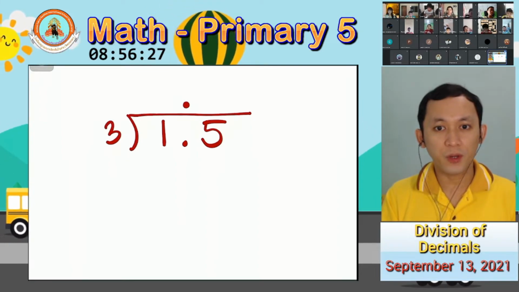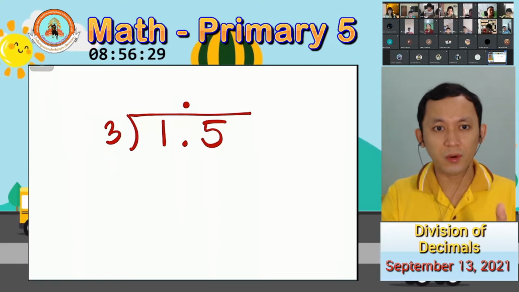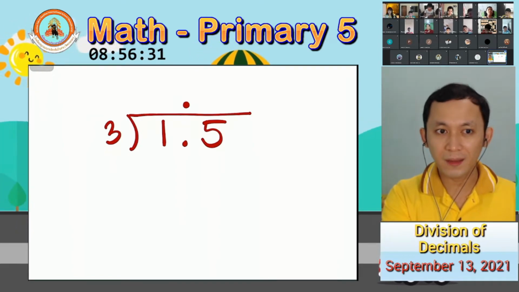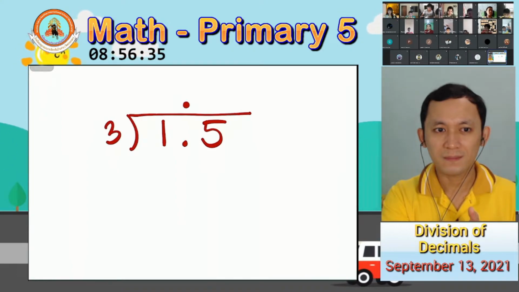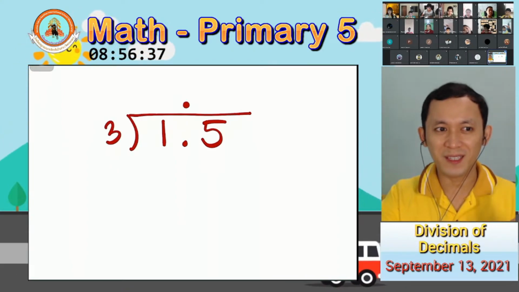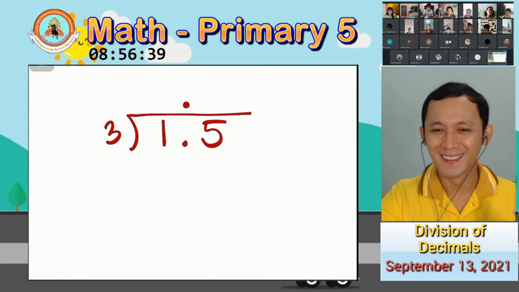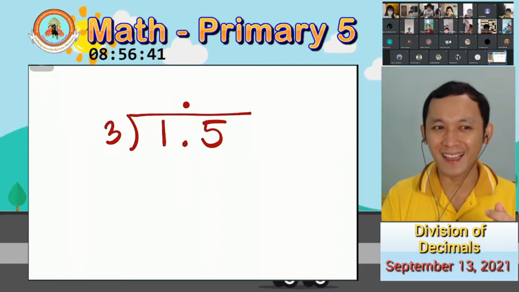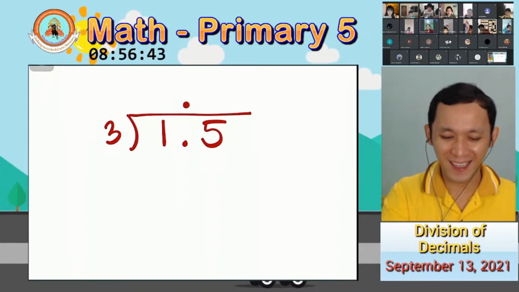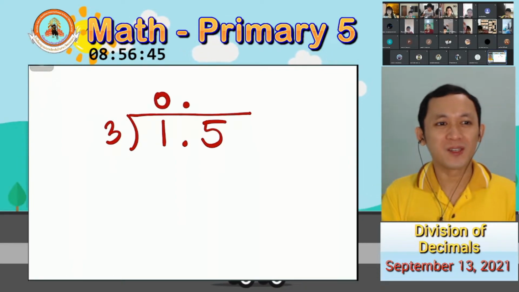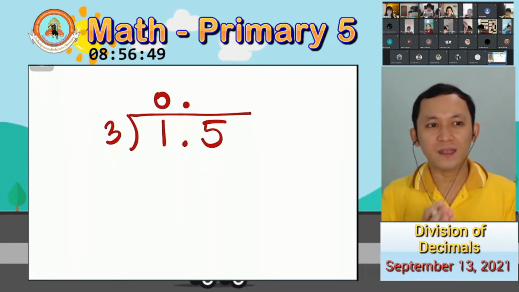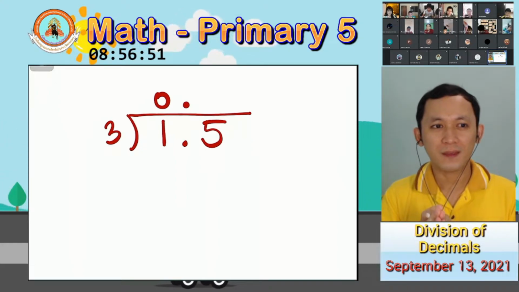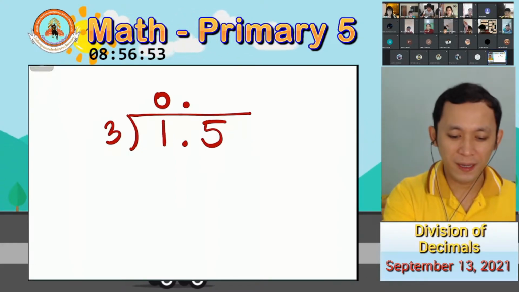Now if you're going to divide it normally, you can. 1 divided by 3, what's the answer? 0. Okay, we have 0. So now let's have 15. 15 divided by 3, we have 5.